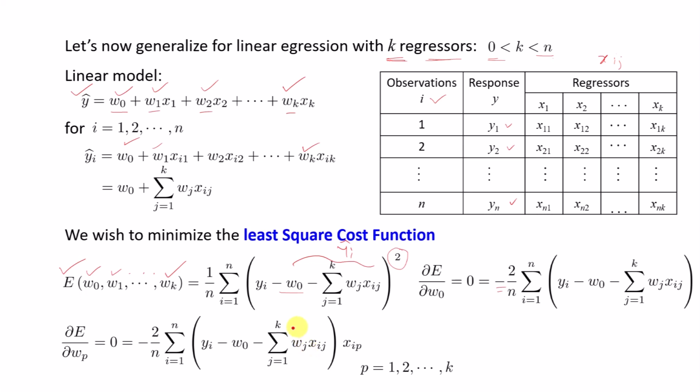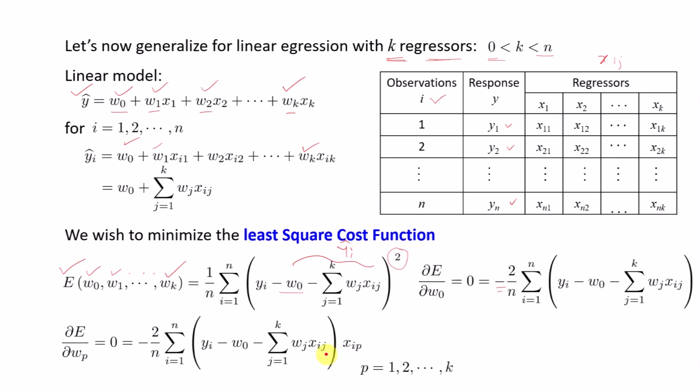And then this particular wp should be related to xip, because that is what is multiplied. You can see w2 is multiplied with xi2, w1 is multiplied with xi1, wk is multiplied with xik. So wp has the corresponding xip. I am not using j here because here I am summing over j, and again j goes from 1 to k. That would be confusing. So that is why I am bringing another index p.